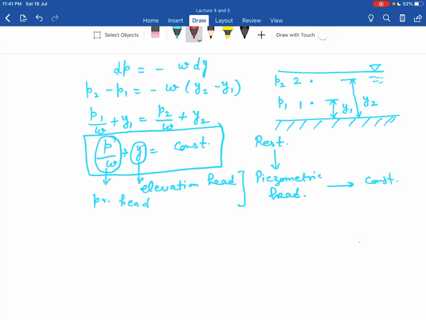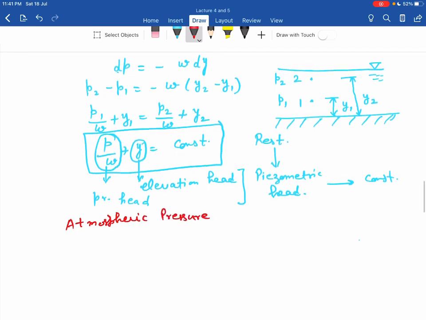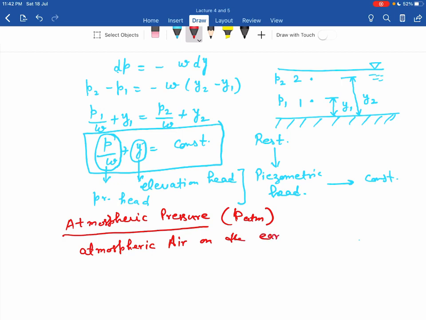The first type of pressure we have is the atmospheric pressure. The symbol is P atmospheric. This is the pressure exerted by atmospheric air on the Earth's surface.